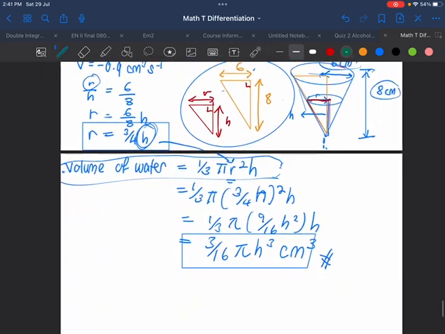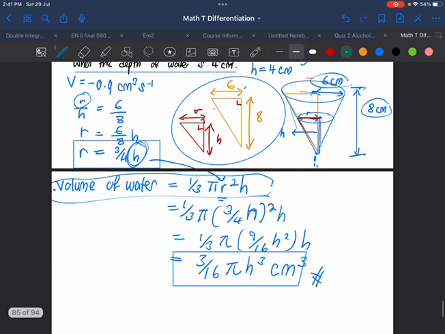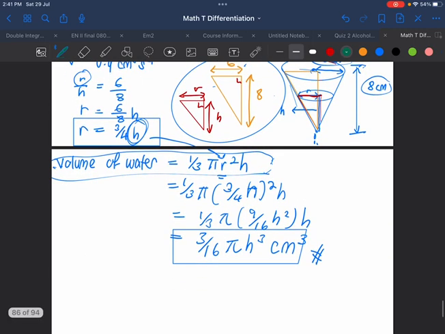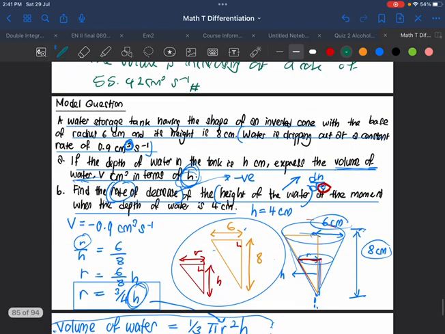So what is the given rate? Actually, what is this? This is volume. So we have the volume. Since our volume is in terms of h, we know the given rate, and you can see what the given rate is.